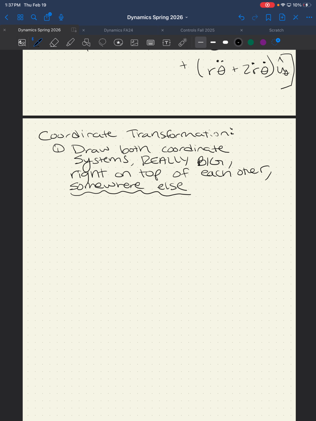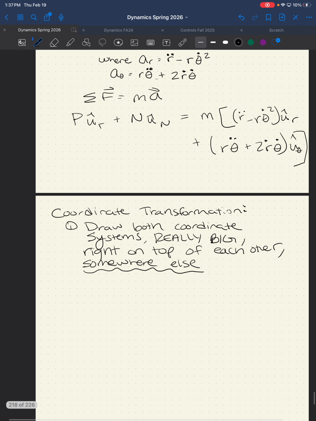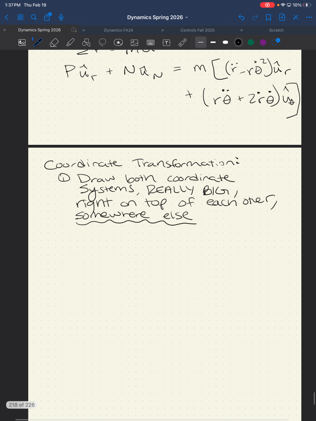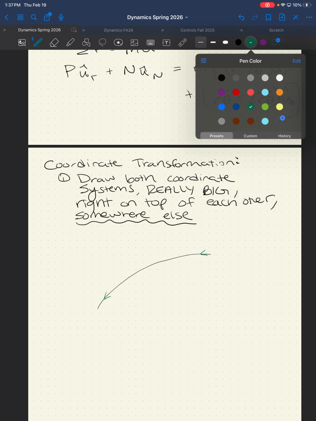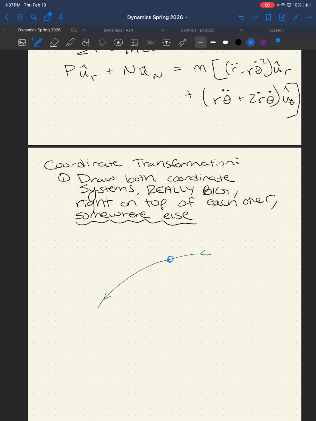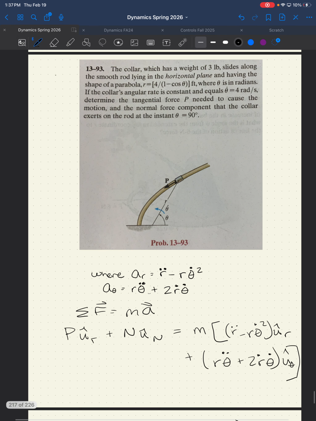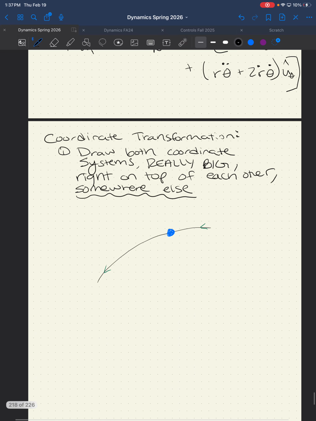Okay. All right. What is cosine of 90? 0. So that means r equals 4 over 1 minus 0, which is 4. What is dr d theta? Negative 1.